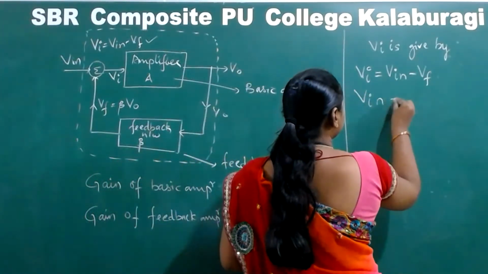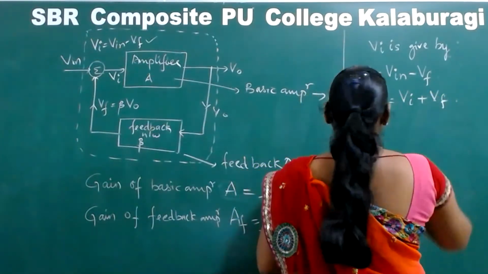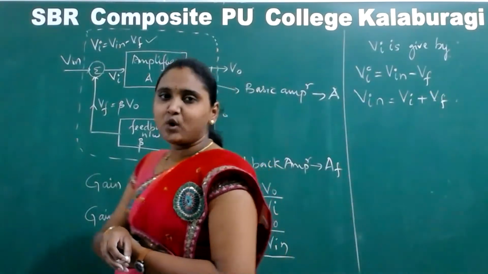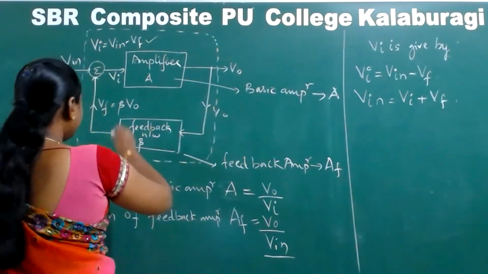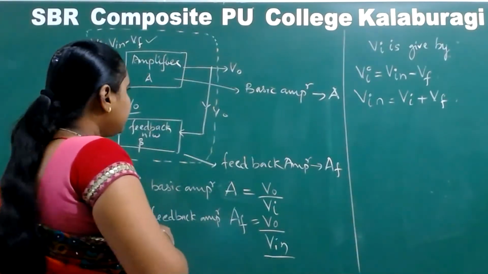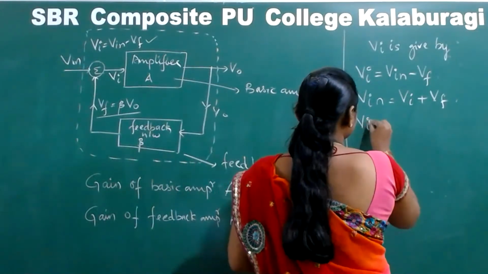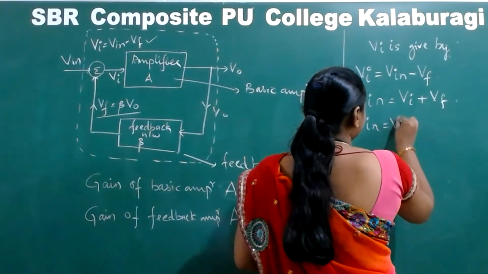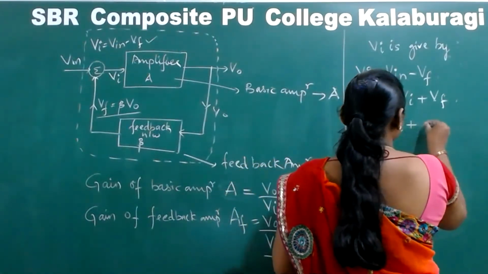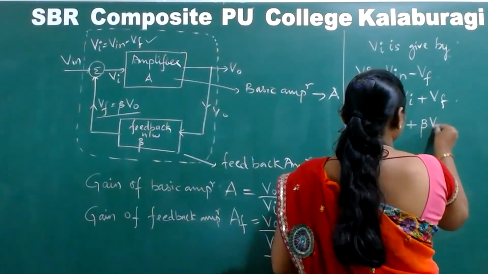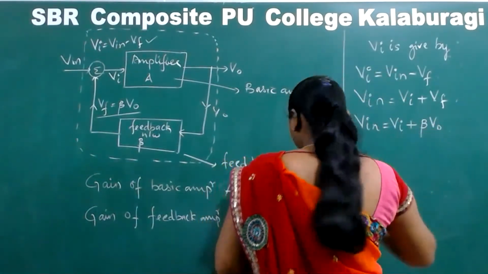Vin is equal to Vi plus Vf. Now see what is Vf. Okay, substitute that. Vin is equal to Vi plus beta V naught.